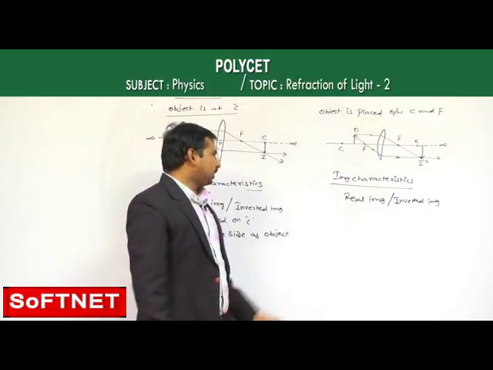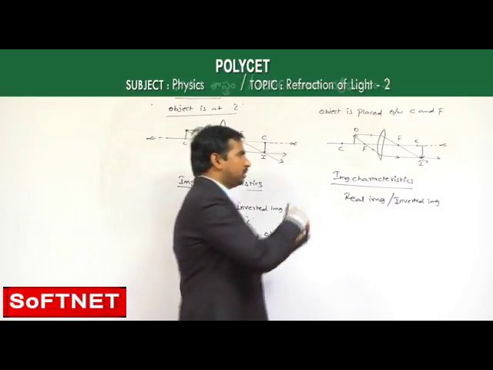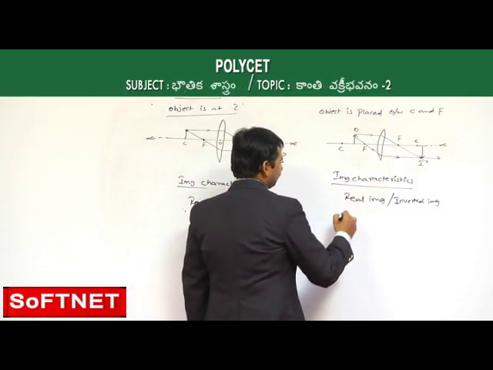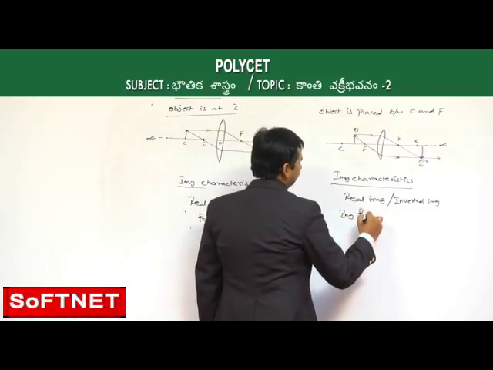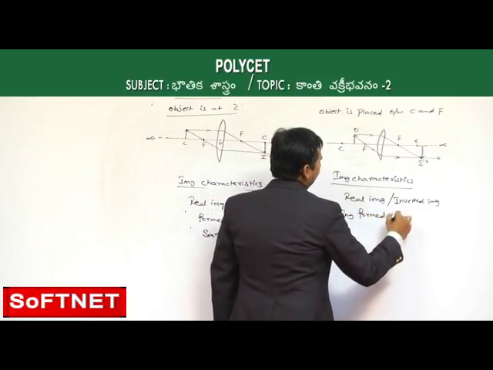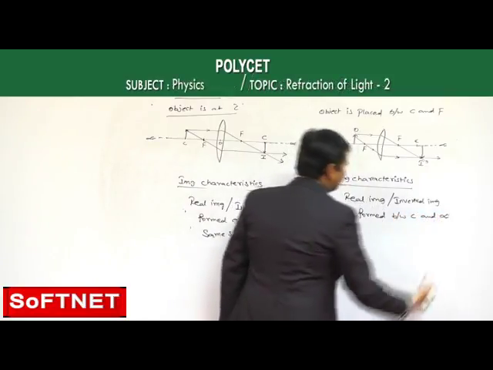Okay. Now here the image position, if you see, is forming in between C and infinity, which is beyond C. So the image is formed between C and infinity.